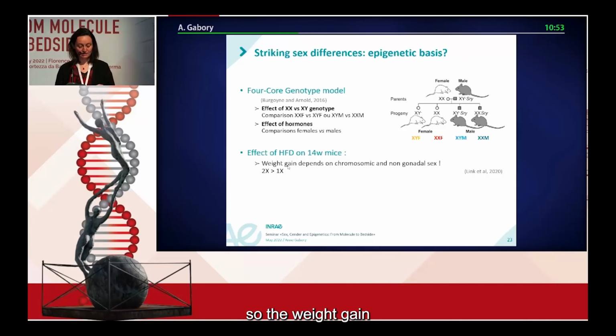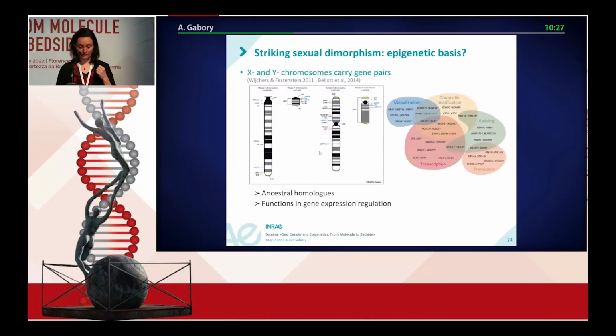So the weight gain depends on chromosomal sex and not on gonadal sex, which means that the XX female gains more weight than the XY female, and the XX male gains more weight than the XY male as an adult. So having 2 X chromosomes makes you gain more weight than having 1 X chromosome.